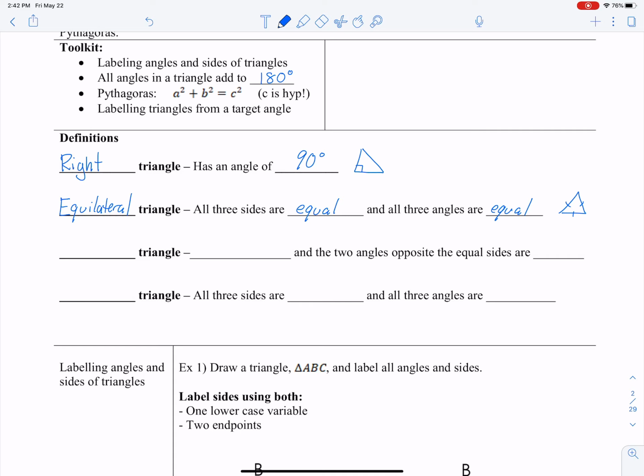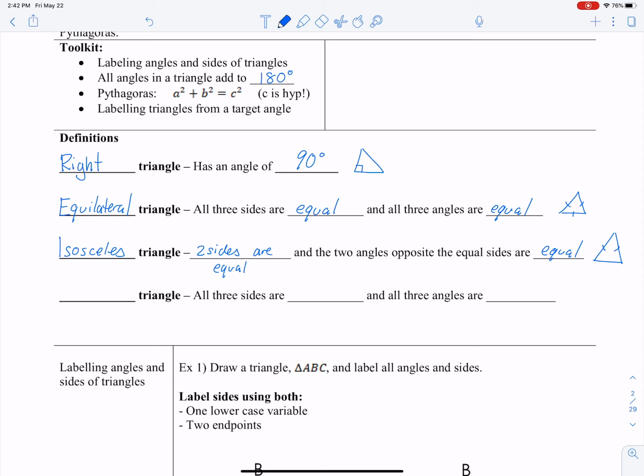Next, we have an isosceles triangle. And in isosceles triangles, just two of the sides are equal. And the two angles opposite those equal sides are equal. So for example, let's say you have a triangle like this.